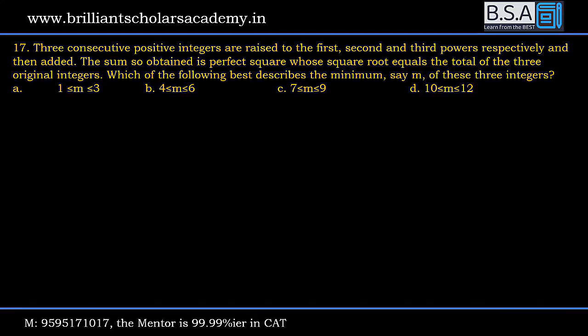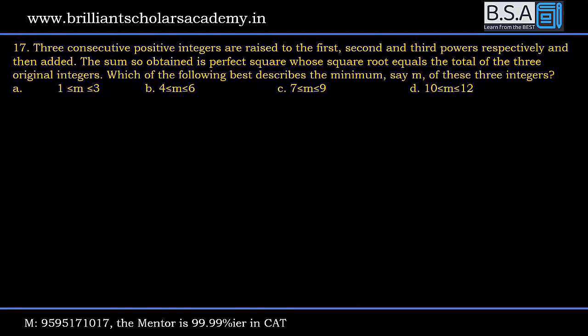You're looking at a question from CAT many years back. 3 consecutive positive integers are raised to the first, second, and third powers respectively and added.